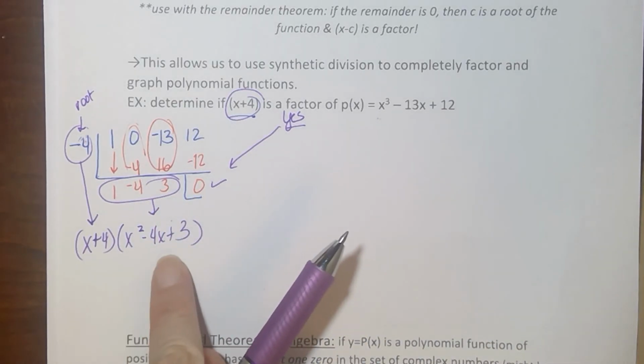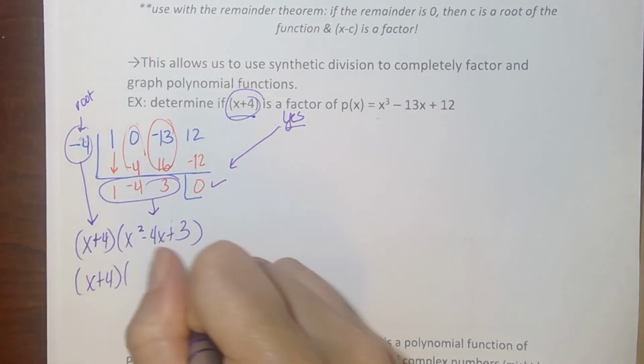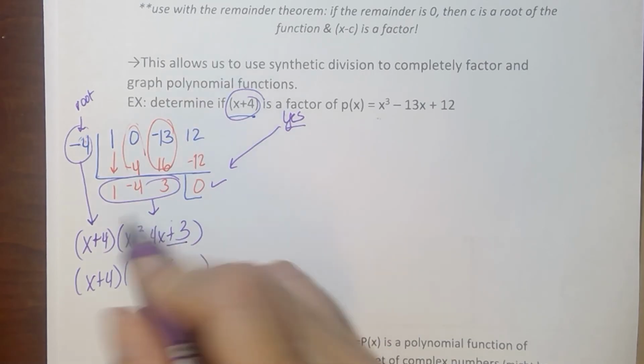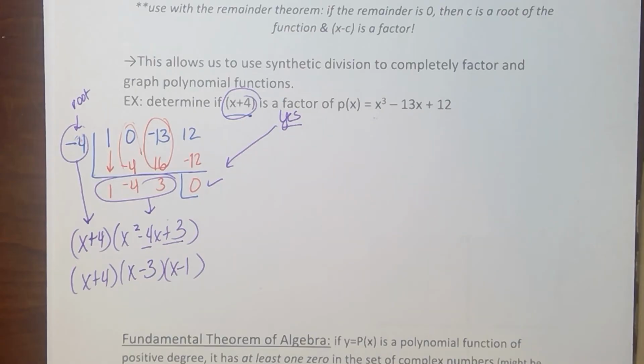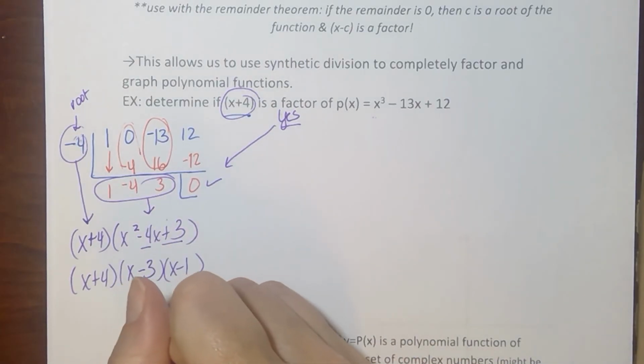Now I know how to factor a quadratic, so I choose to just finish factoring. Signs are the same. They're both going to be negative, so I have x minus 3 and x minus 1. Which means when I set each of those equal to 0, I get the roots or the zeros of my function.